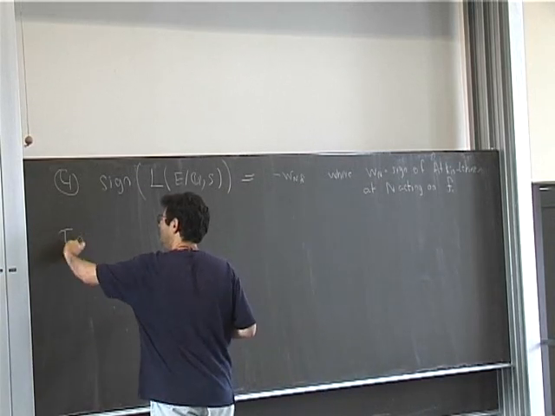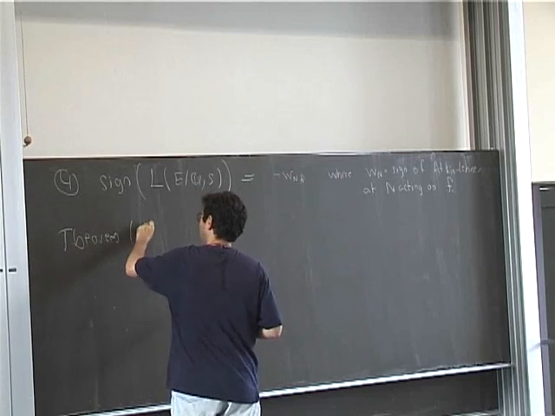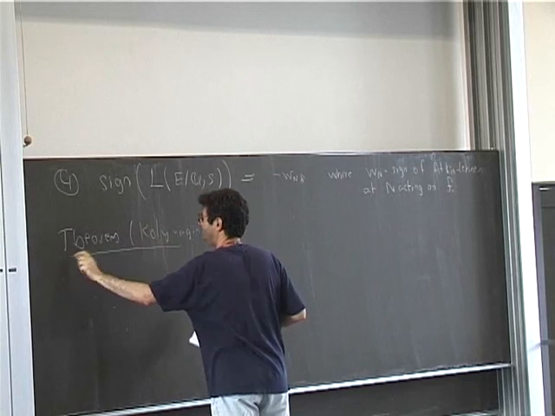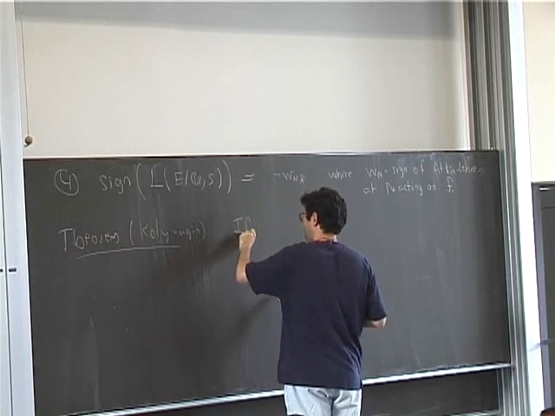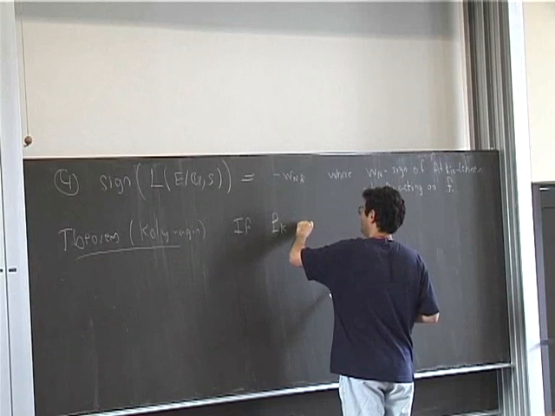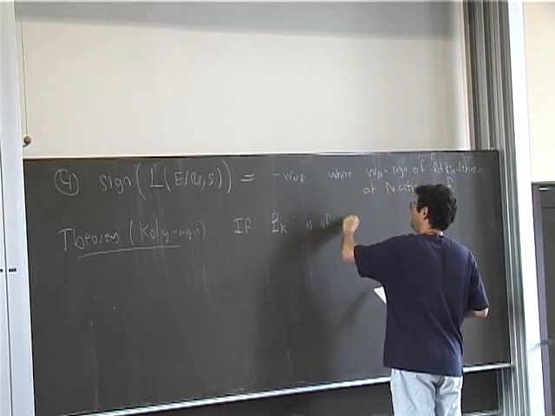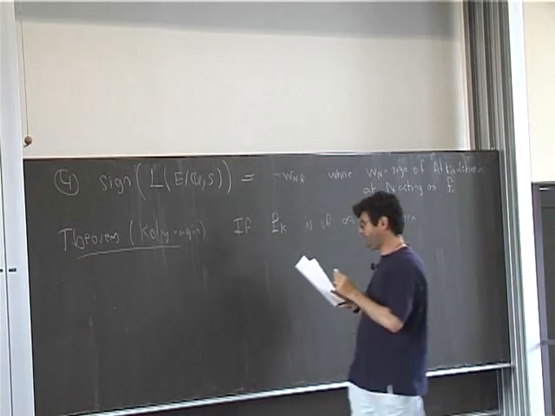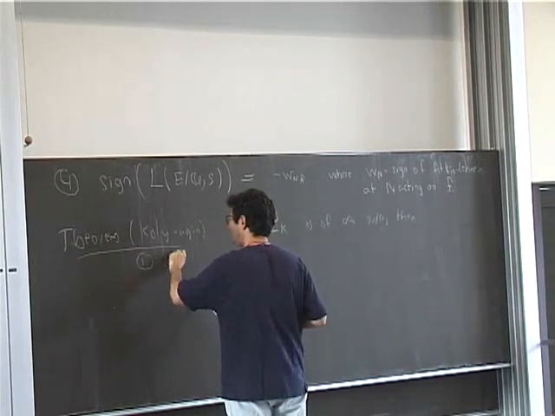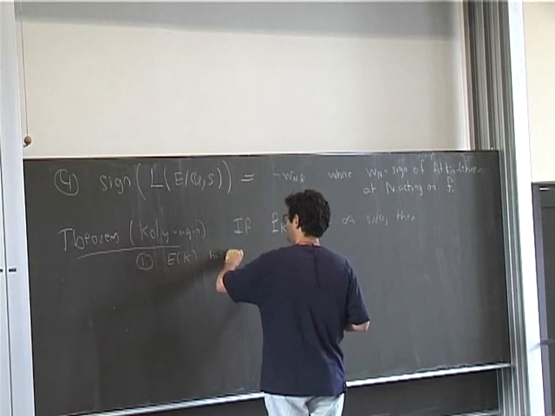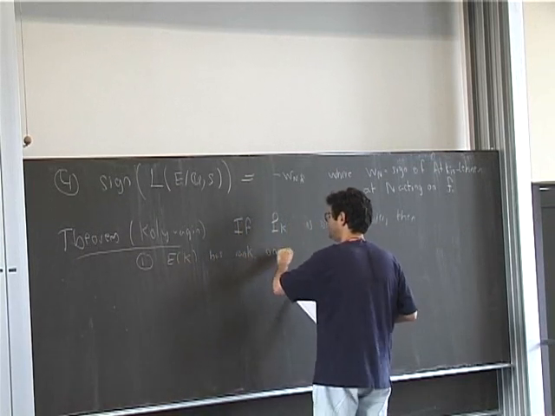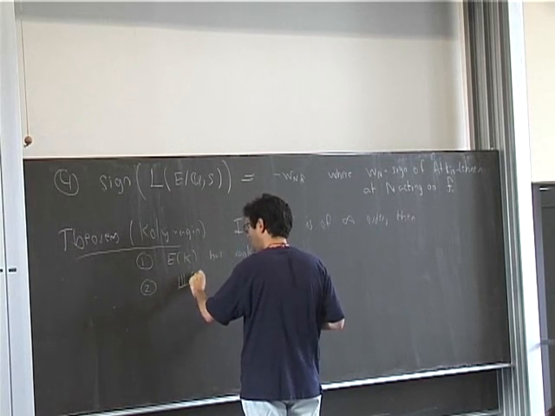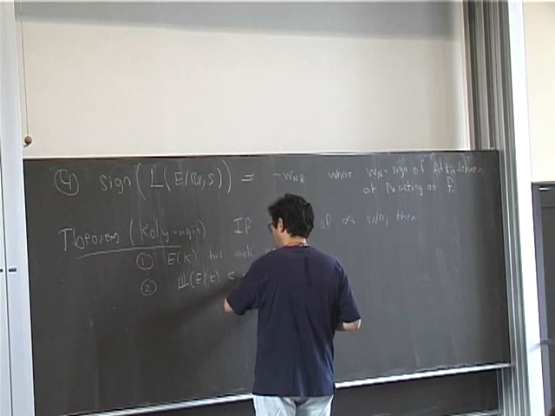Okay, so the theorem of Kolyvagin, which is what I want to focus on in today's lecture, is that if this point P_K is of infinite order, then the first thing we can conclude is that the Mordell-Weil group E(K) has rank 1. The second thing we can conclude is that the Shafarevich-Tate group of E over K is finite.